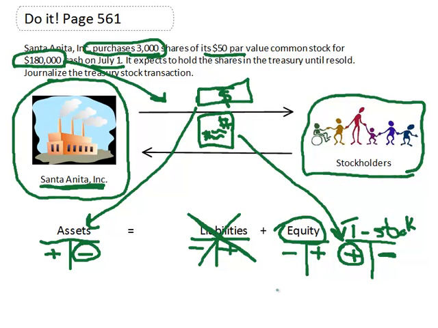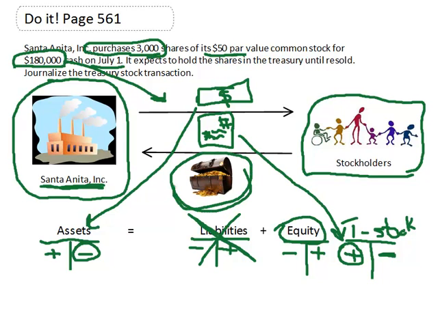Now we've done the initial analysis of the transaction. What is that company going to do with that stock? Remember, it's treasury stock, so what they will do is take that stock and reserve it in this neat little treasure chest in the treasury. And so it's going to sit in there, and what do we do with treasury stock?